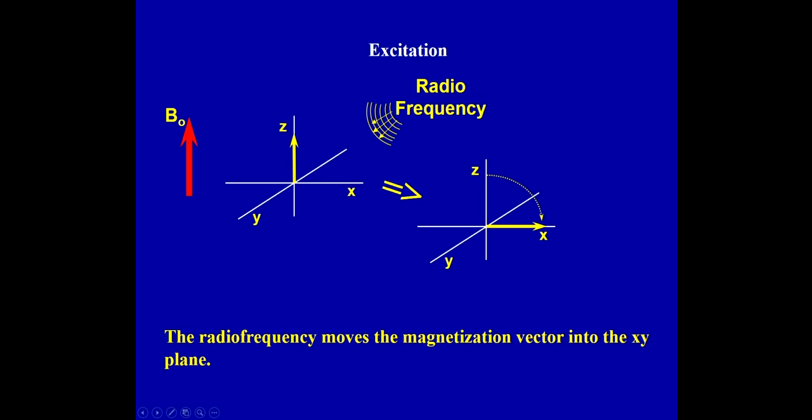If we rotate it into the XY plane, then we have a situation in which there is net magnetization precessing around the axis of the magnet, around B0, and that's precessing in the presence of a detector, a conductor.